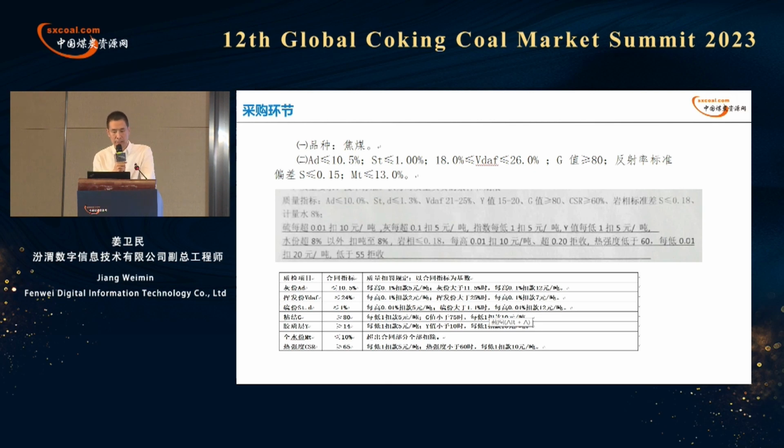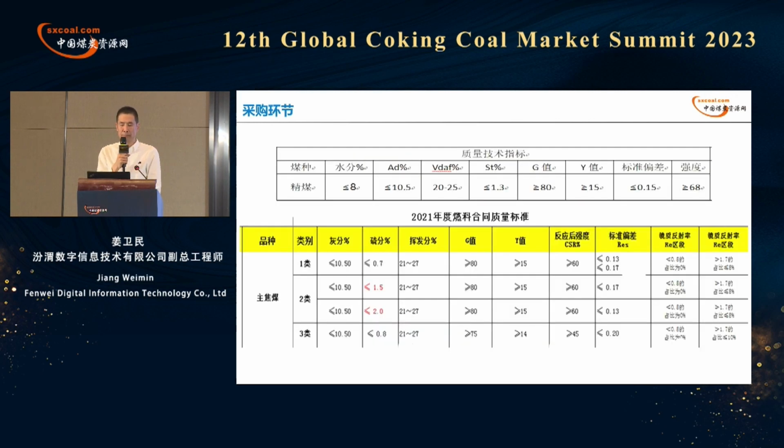Cohesion G is larger than 80. And take a look at the third. CSR is larger than 60%, and the standard deviation S is lower than 0.16. Sulfur is 1.3. The thermal intensity is 6.8. So this is a fairly high standard.